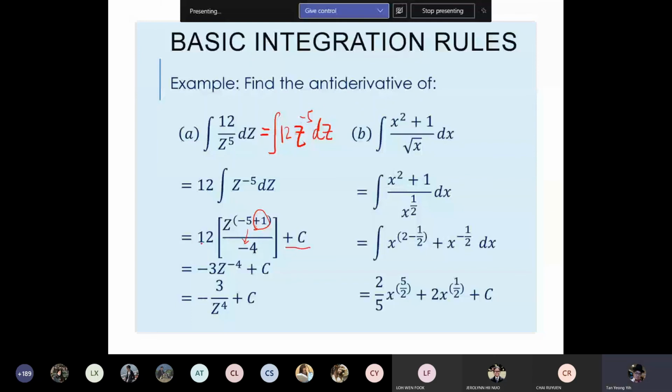After that, we simplify 12 and -4. Simplified, we get -3, so we have -3 z to the power of -4 plus c. You can leave your answer like this, or you can change it back to the denominator, z to the power of 4. Any questions?